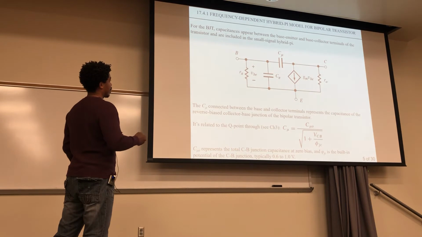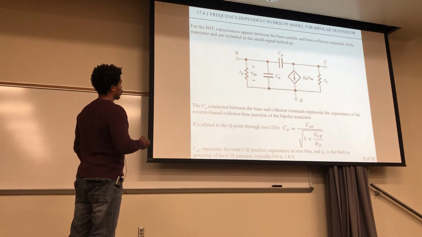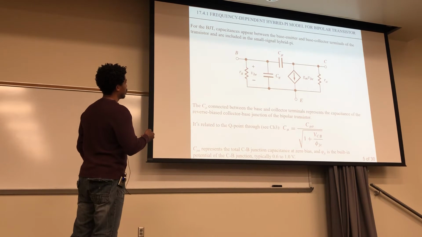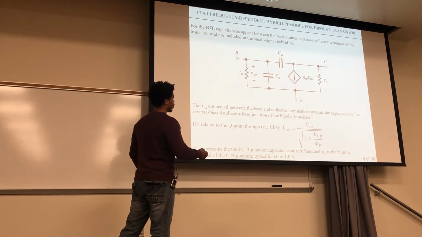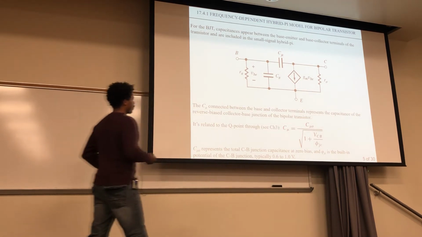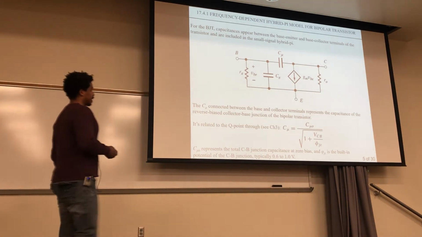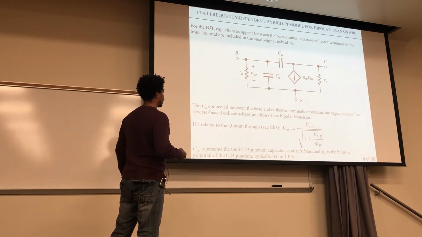So we have this C pi and also C mu, and we define C mu as this expression right here, which I think is derived in chapter 3. This C mu 0 represents the total collector base junction capacitance at 0 bias, and this phi JC is the built-in potential, typically between 0.6 and 1 volt.